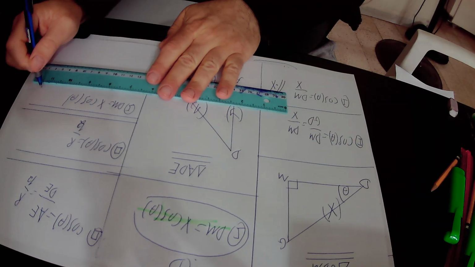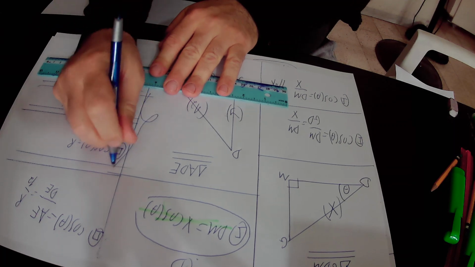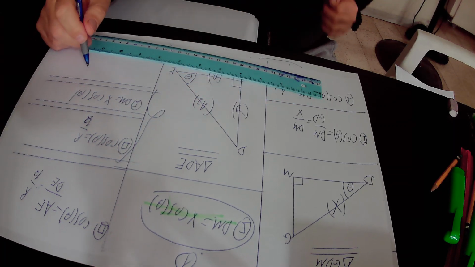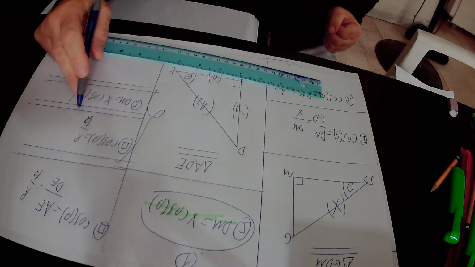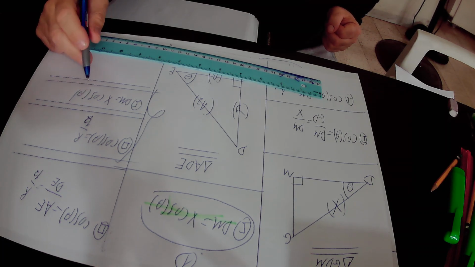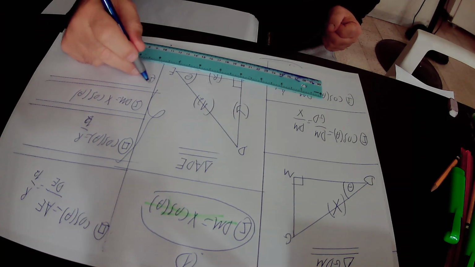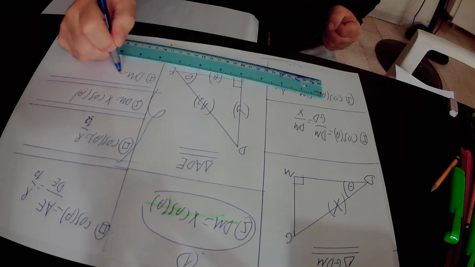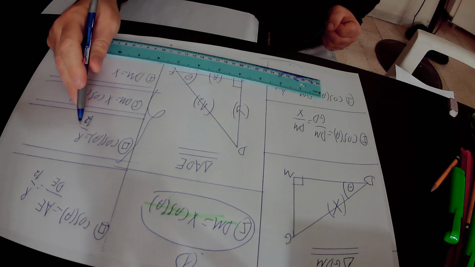So we have two equations. Now we can substitute cosine theta in equation 1 by R over 12 from equation 2. We do it now, and we get that according to equation 1, DM equals x times cosine theta, and cosine theta is R over 12 according to equation 2.